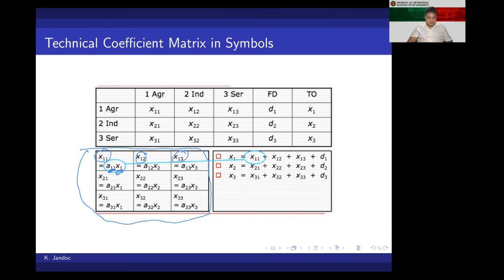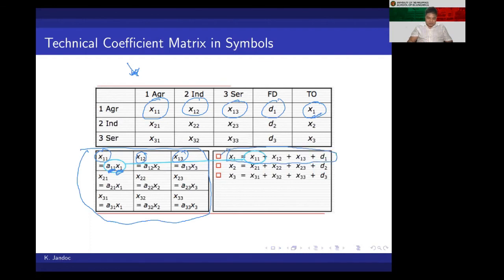Okay, and if you look at this table, which is the input and output table, we know that total output for agriculture is just the sum of outputs supplied to the different sectors, X11, X12, X13, plus final demand is equal to the total output. So this is this relationship over here.